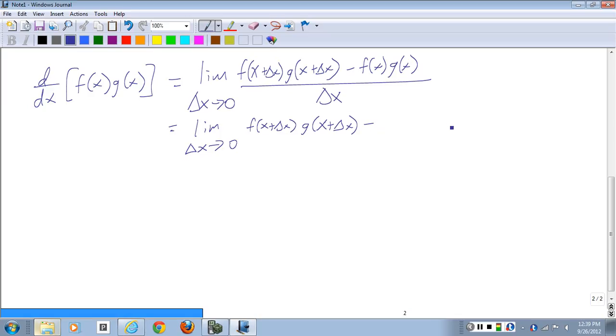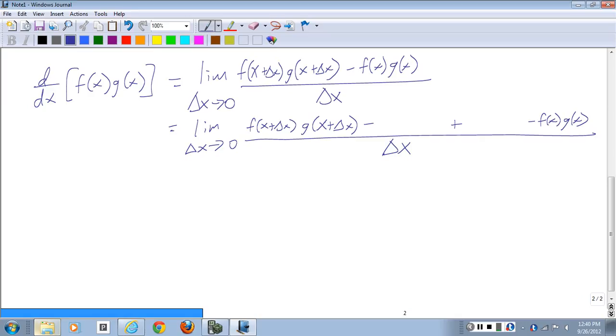Going to subtract it, going to add it, and then I'll have minus f of x g of x. What to subtract, what to add? Well, I want it to be something that's going to involve one of these functions evaluated at x plus delta x, and the other function evaluated just at x.